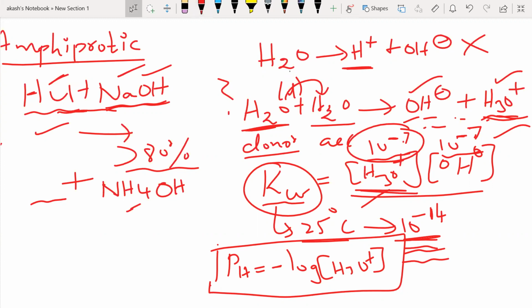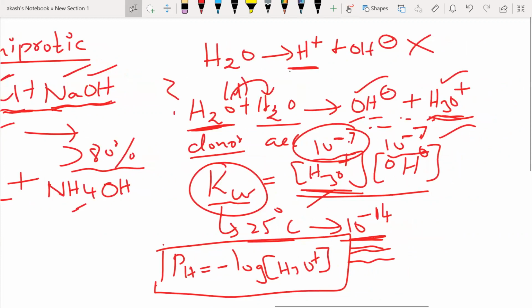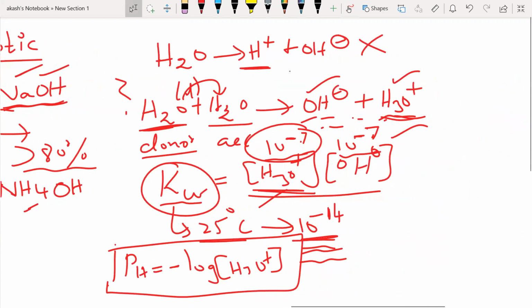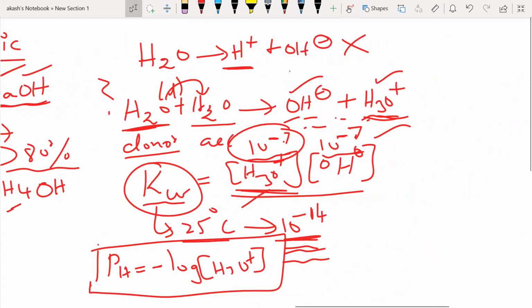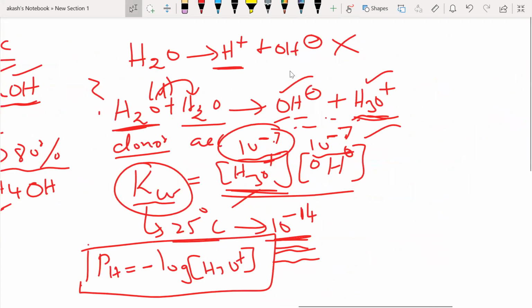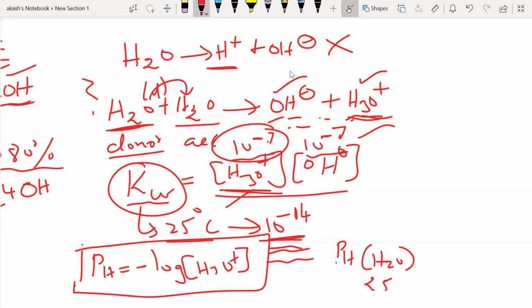So if I substitute the value in this pH equation, the pH of water at 25 degrees Celsius, obviously it's again temperature defined, is equal to negative log of 10 to the power minus 7.